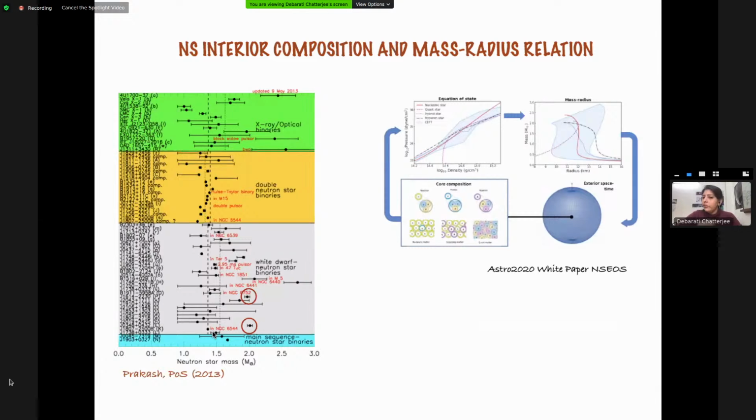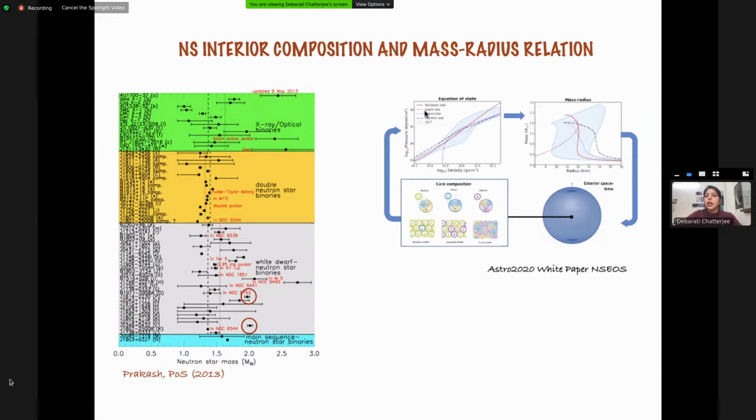Neutron star masses are very interesting to us because they can connect to the internal composition. On the right, you see a schematic figure which tells you that the equation of state is a parameter. The equation of state appears in statistical mechanics and so on. It is basically the relationship between pressure and density, and it is used very often to describe systems, because all the other structure variables can be derived from it.